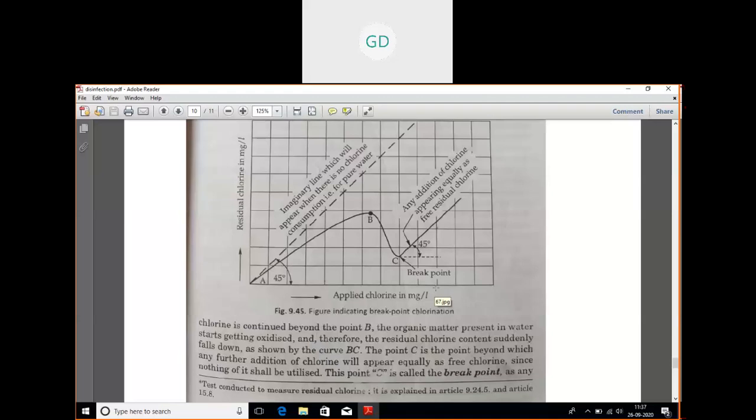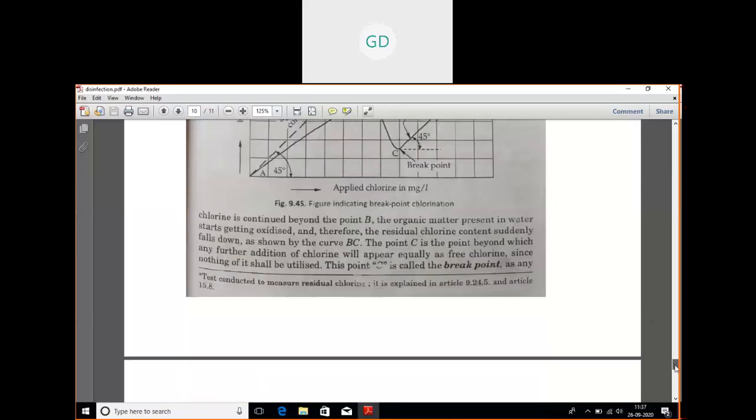Point C is the point beyond which any further addition of chlorine will appear equally as free chlorine. That means whatever chlorine you are adding will appear as that chlorine only. No more chlorine will be used by the bacteria because the bacteria have already been killed now. So the curve is now going on increasing, and this point C is known as breakpoint chlorination.